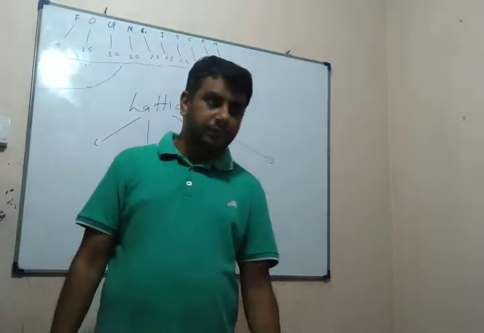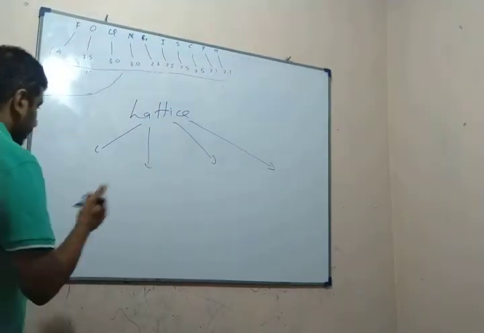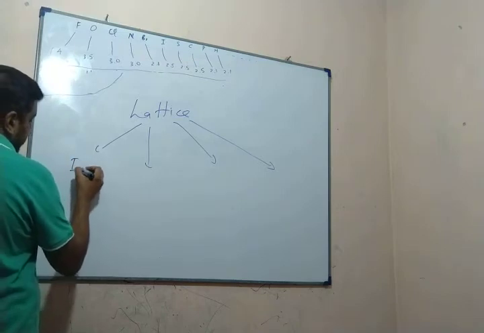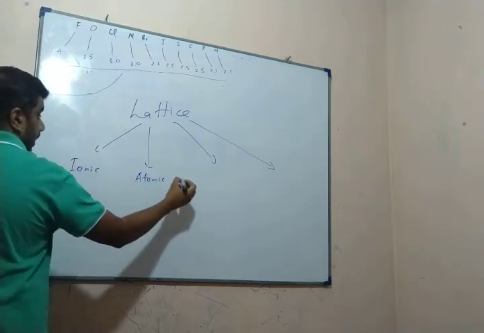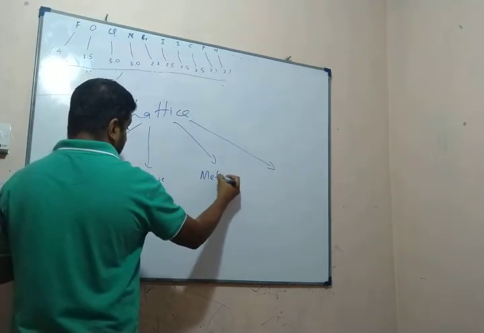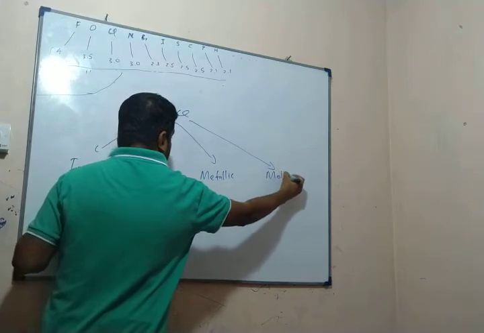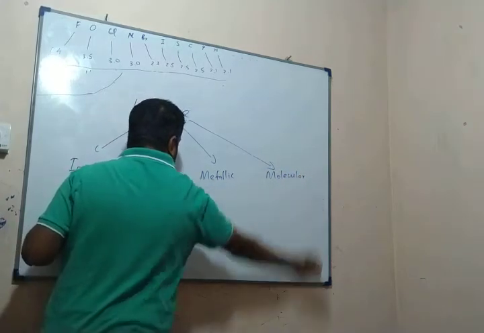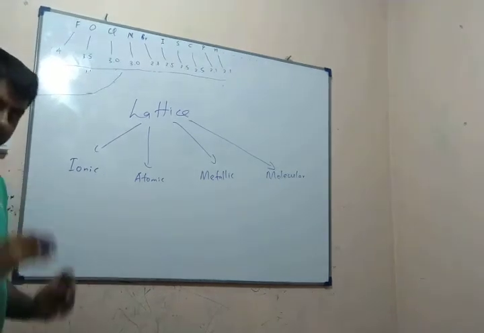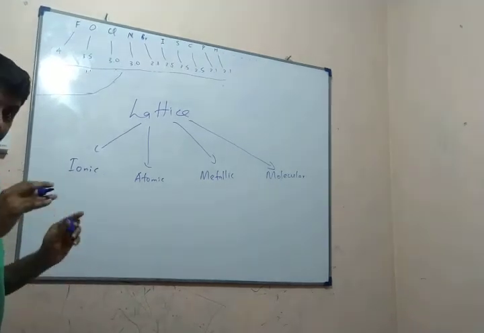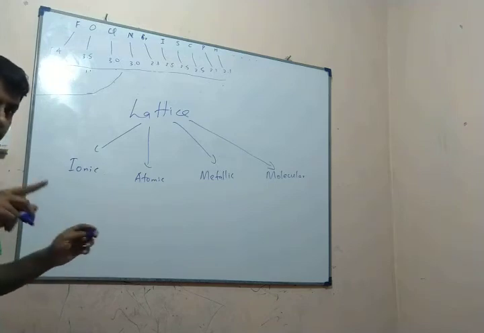There are 4 types of lattice: ionic lattice, atomic lattice, metallic lattice, molecular lattice. These are the 4 major types of lattice, based on their building units.